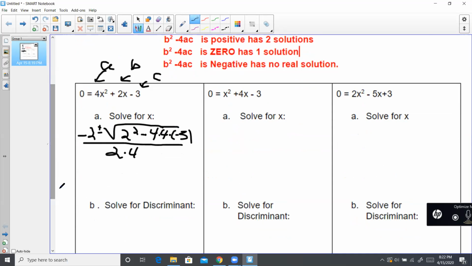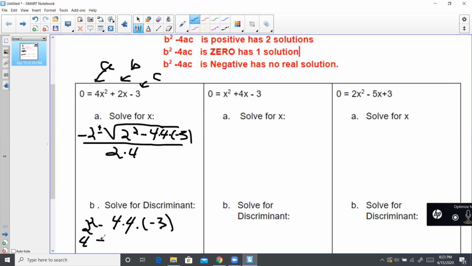The discriminant is this right here, b squared minus 4ac. Our b is a 2, so it's 2 squared minus 4 times a, which is a 4, times c, which is a negative 3. So this is 4 minus 4 times 4 times negative 3, that's 16 times negative 3, which is negative 48.